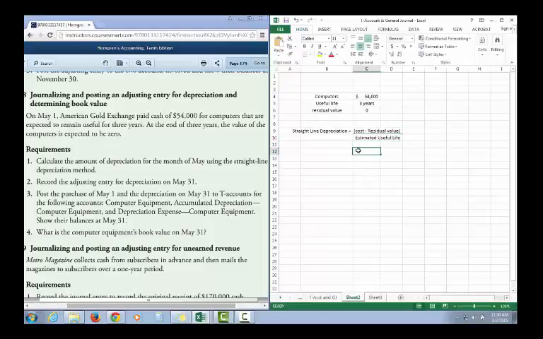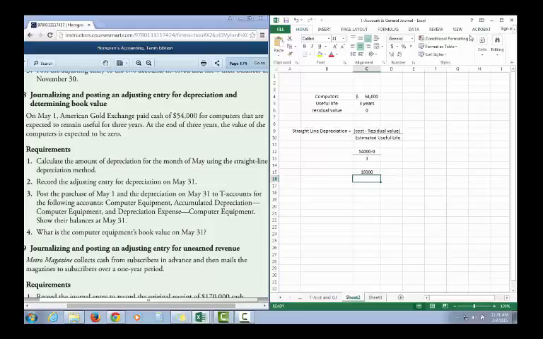For this calculation, we're going to take 54,000 minus 0, and divide that by 3 years. So 54,000 divided by 3 tells us that we're going to have depreciation expense every year of $18,000.